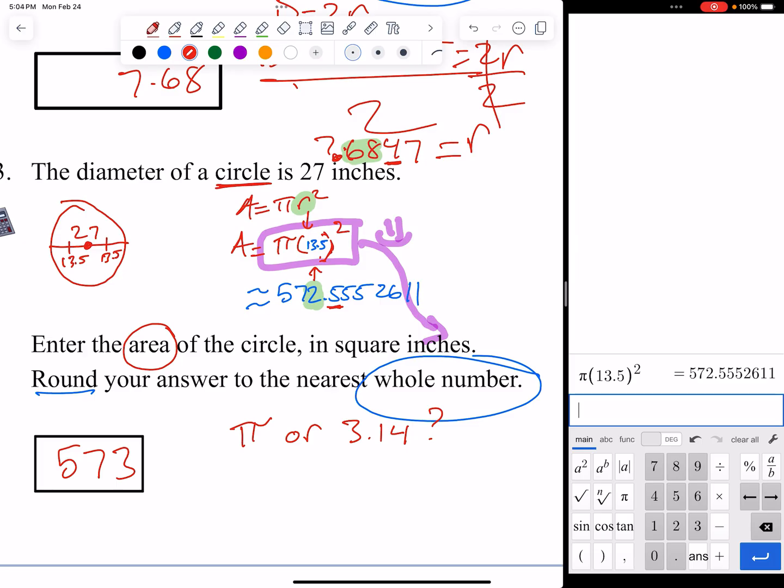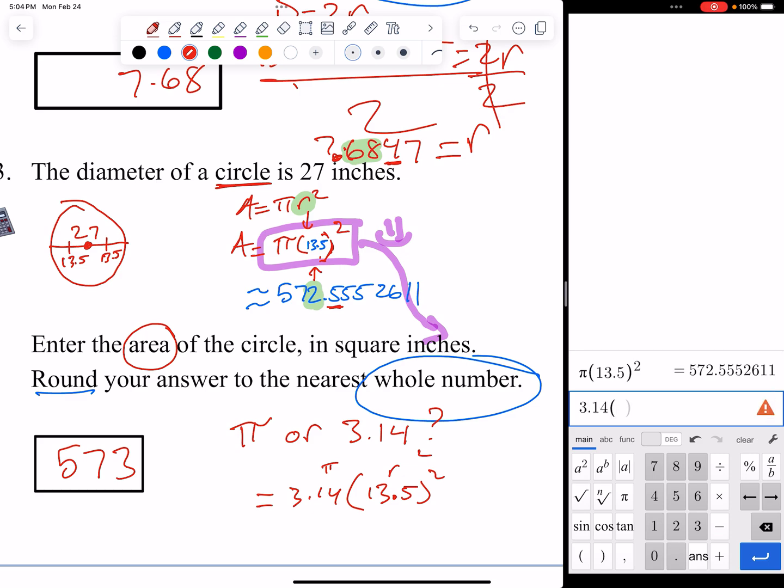So instead of that, I'm going to say, okay, well now it's 3.14 times 13.5 squared, right? There's my pi r squared. So let's write that instead, 3.14 parentheses, 13.5, close the parentheses to the power of 2.